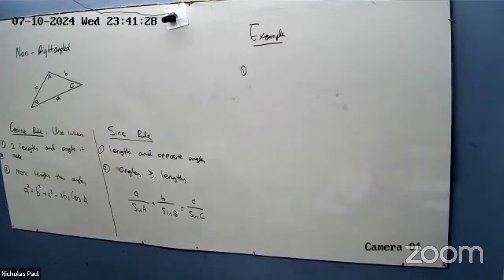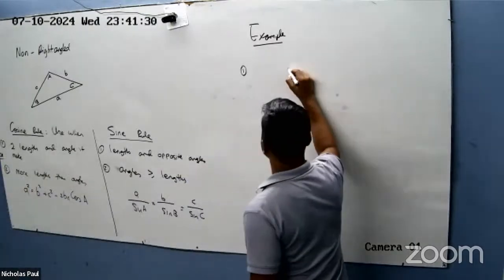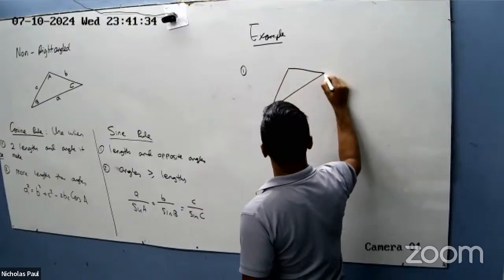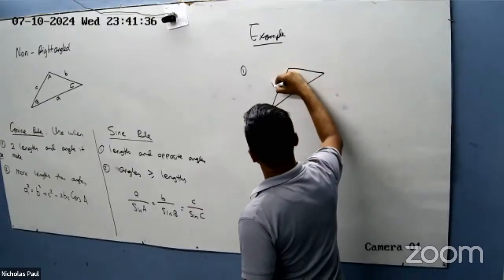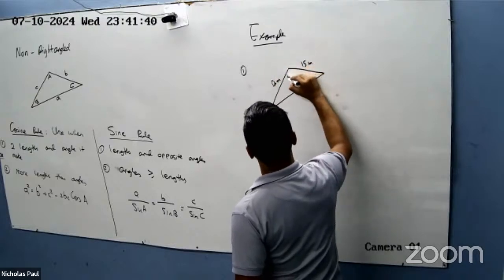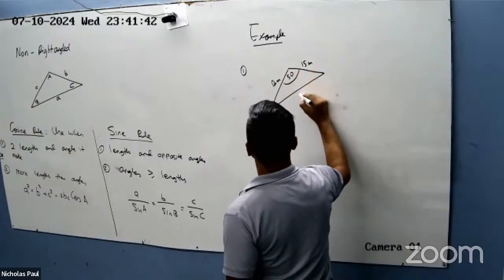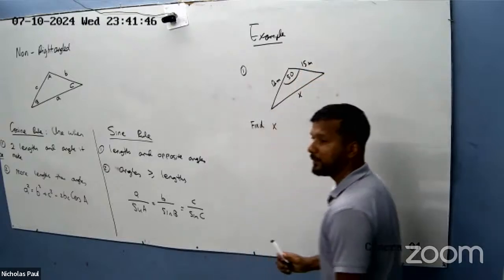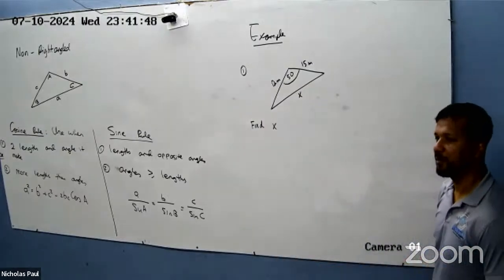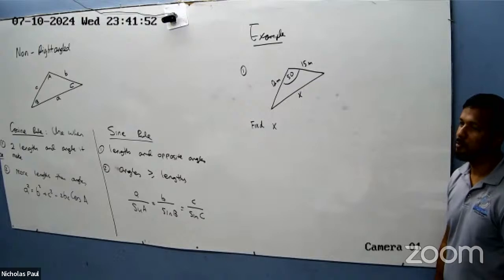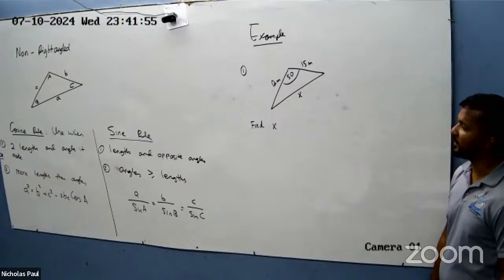All right, nice. So let's take a look at number one. You have to figure out which rule to use here, right? Let's say I gave you 12 meters, 15 meters, and the angle here is 50 degrees. And I want to find x. What do you think, Jeremy? Cosine or sine rule?